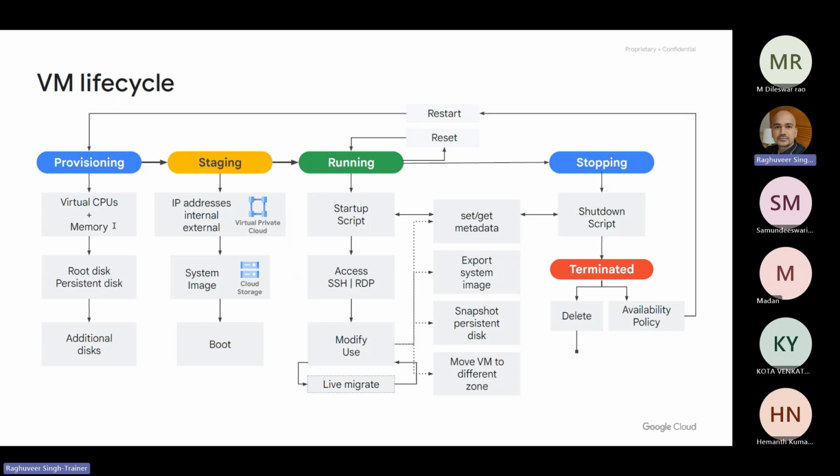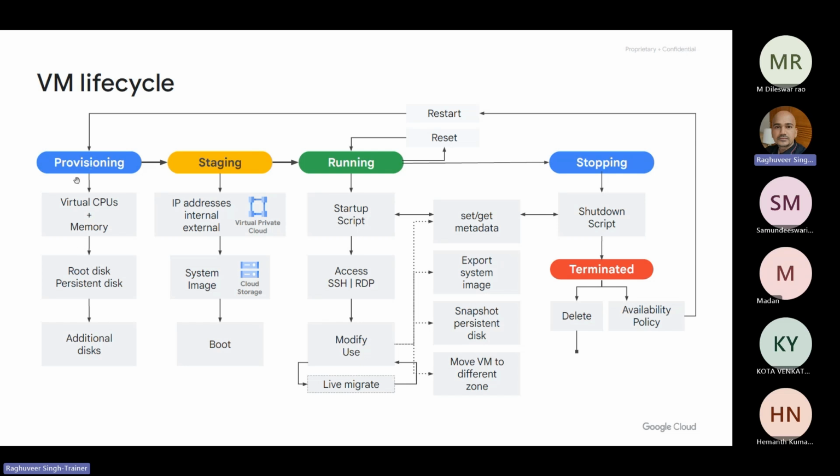So VM lifecycle. Now VM lifecycle starts with provisioning. It starts with service provisioning. At the time of provisioning the VM, you basically select the CPU and memory, the root disk type, whether you need standard SSD, whatnot, and any additional disk that you need. That's what you do.